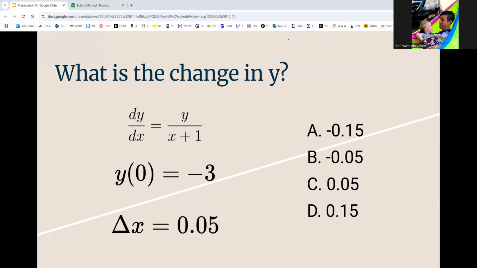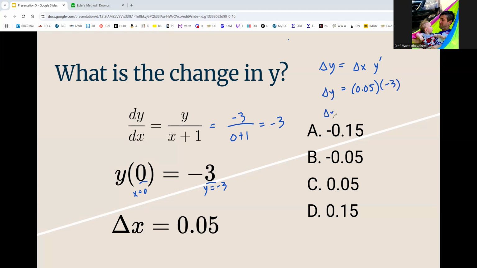All right, pause it if you need some more time, but remember that the change in y is equal to the change in x times the derivative. And our change in x is 0.05. And for our derivative, we would use these values that x equals 0, y equals -3, and we would put that in the differential equation and see that the derivative is -3.